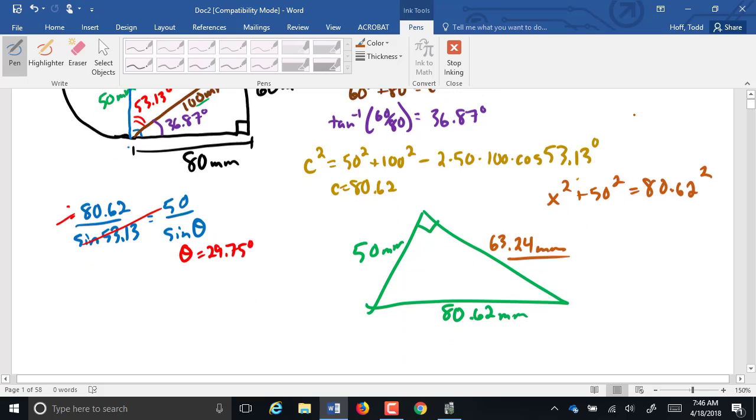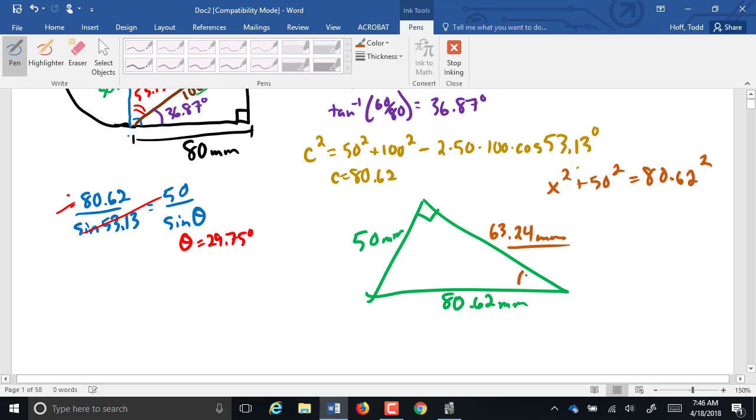That angle there, well, if we knew this angle, we could find angle A. That angle is going to use the opposite side and the hypotenuse, which is sine.